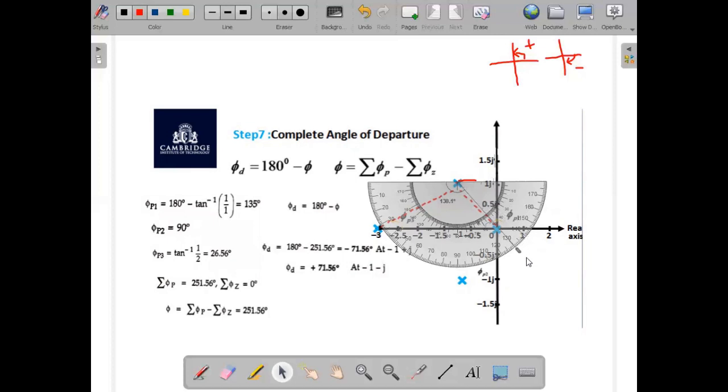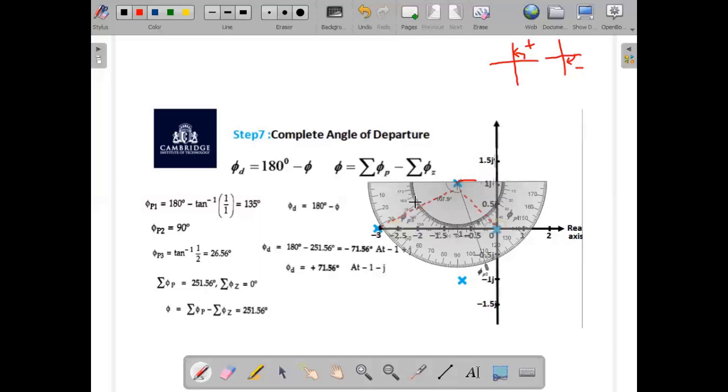So this is 50 degree. You can look into the inner region of the protractor. This is 60 and this is 70, and this will be exactly 71.56 degree. It's exactly 71.56 degree.